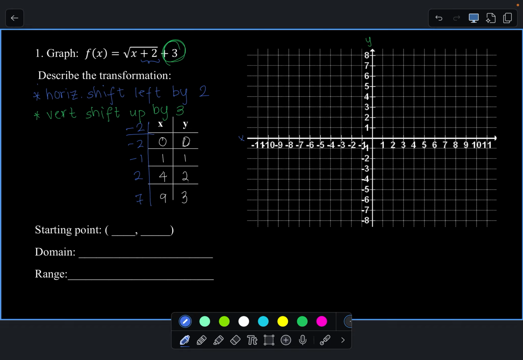Next, I'm going to add 3 to my y values because it's a shift going up, I get 3, 4, 5, and 6. So your new starting point is going to be at negative 2, 3.